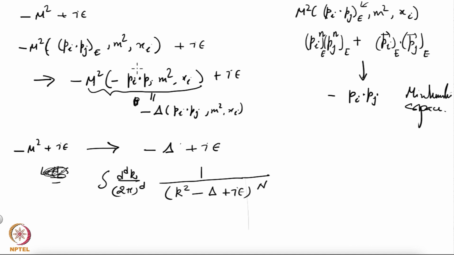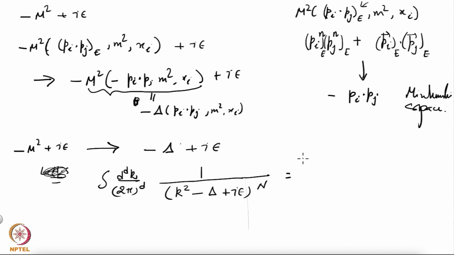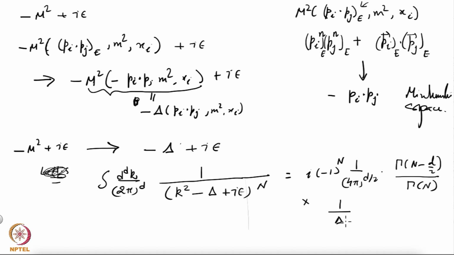Everything will be the same except m square will be replaced by delta. So, you get I times minus 1 to the power n, 1 over 4 pi to the d over 2, gamma of n minus d over 2 over gamma of n, times 1 over delta minus I epsilon. You will see that you get a minus I epsilon, because I am pulling out that minus sign.